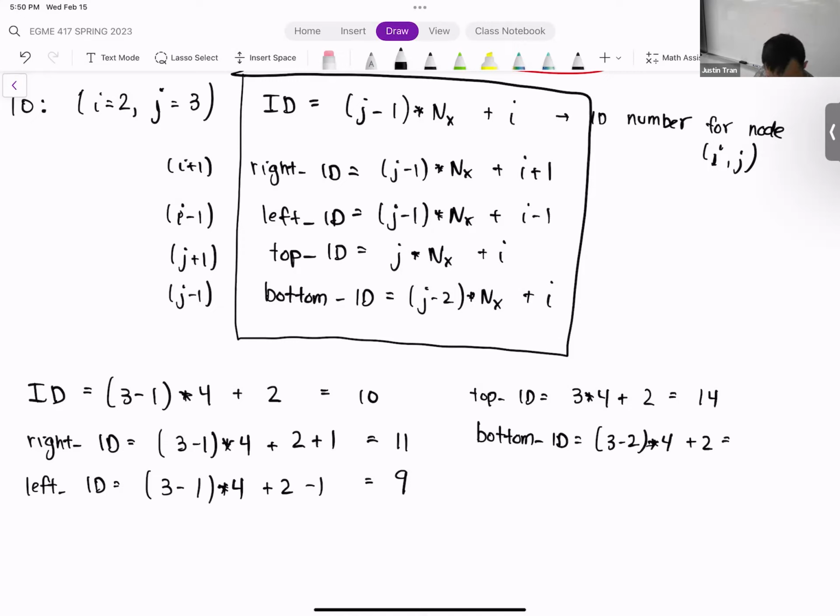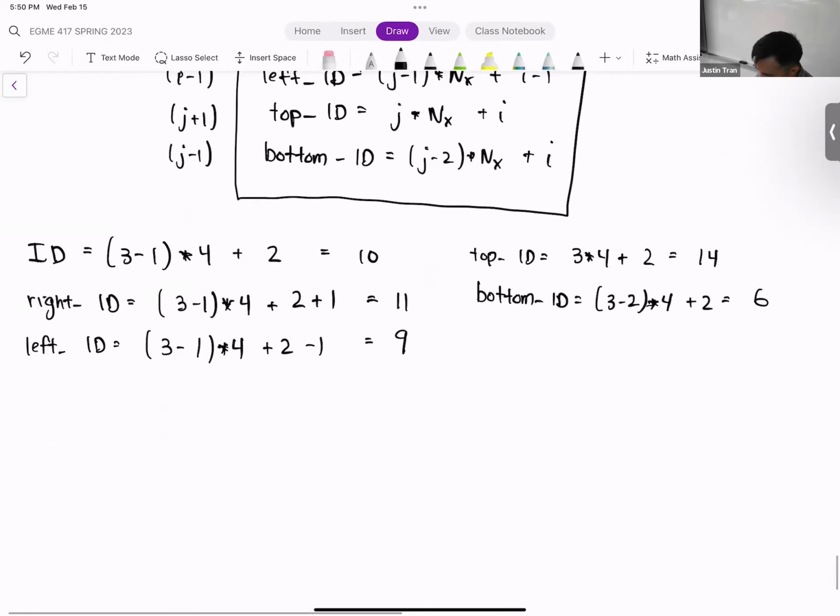We compute that out: 3 minus 2 is 1, times 4 is 4, plus 2 is 6. So these are all the node numbers that are going to make it into the finite difference equation for node 10.